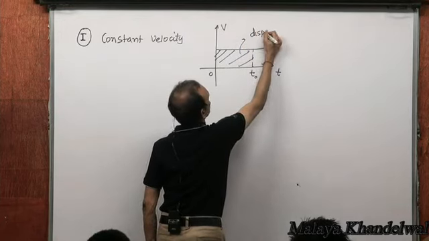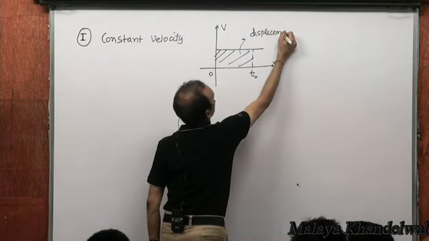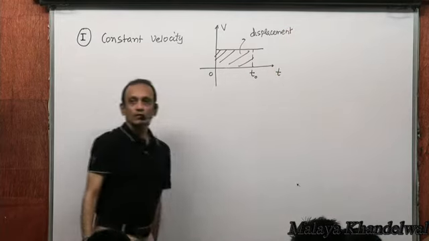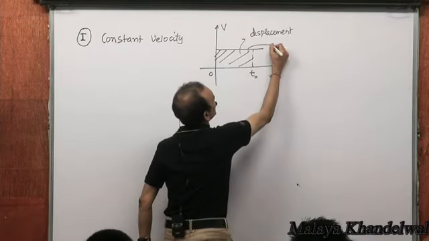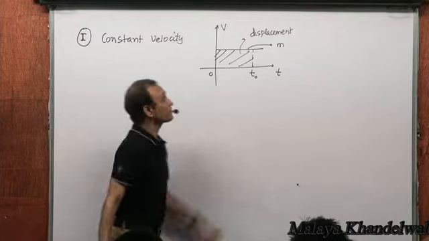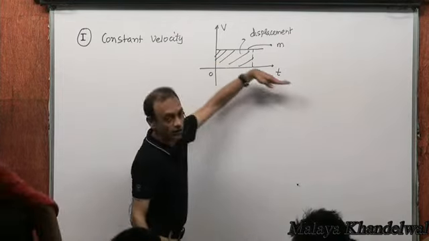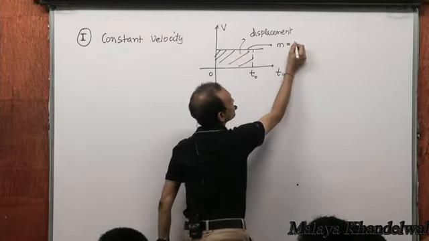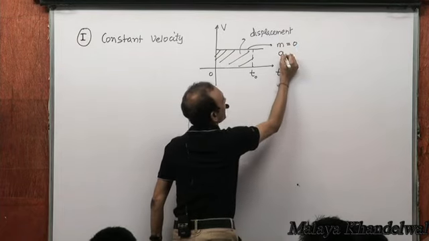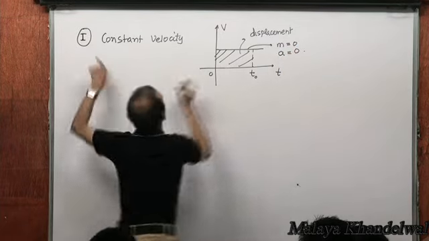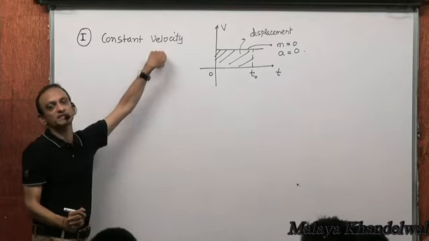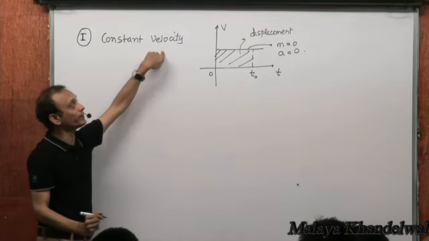Displacement. The slope of the velocity time graph gave us the acceleration. For a line parallel to the horizontal axis, the slope of the line is going to be 0. That's because the acceleration of this particle is 0. If a particle is moving with constant velocity, its acceleration is 0, right?